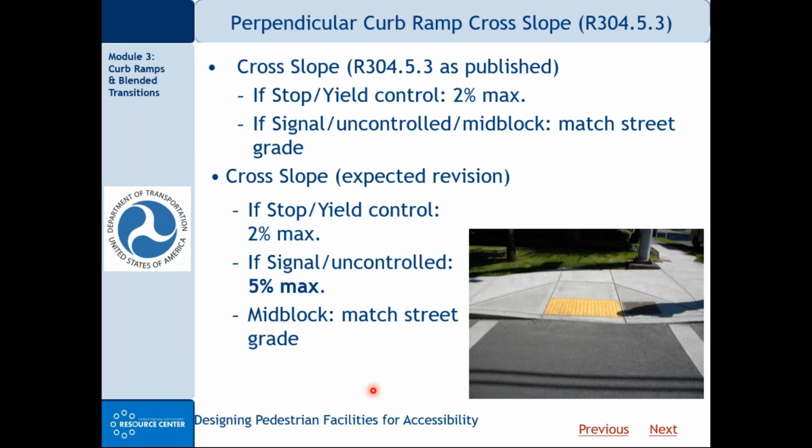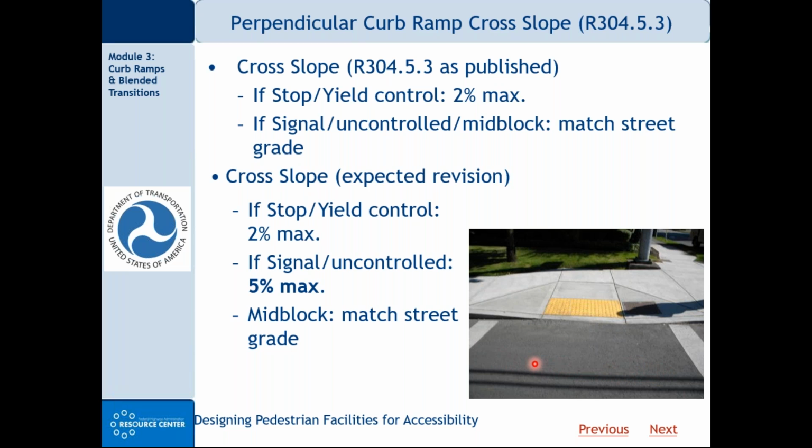Here are the requirements for perpendicular curb ramp cross slope. So here we're talking about the slope in this direction at right angles to the direction of travel up and down the ramp, which also relates to the cross slope of the crosswalk crossing the street.